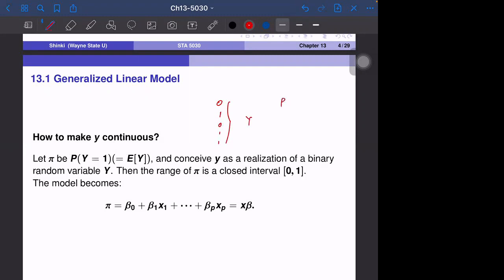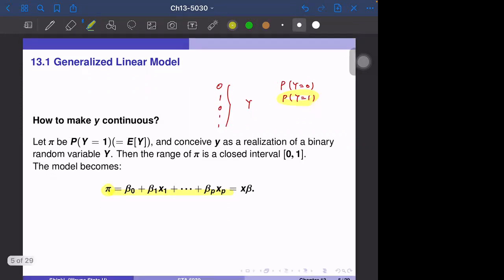So we can think about the probability that y is equal to 0 and the probability that y is equal to 1. The probability that y equals 1 is the success probability. So we rather explain the probability of y equal to 1, and we denote that as pi.